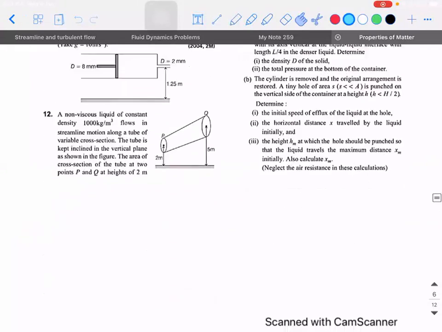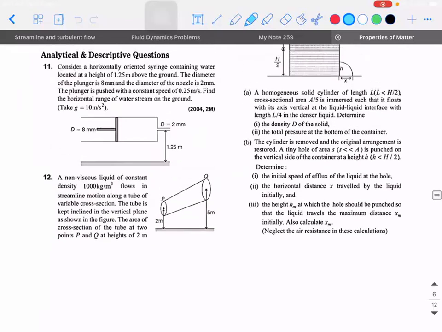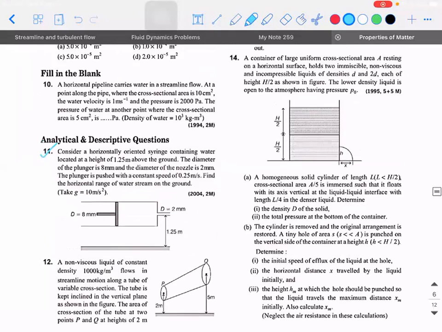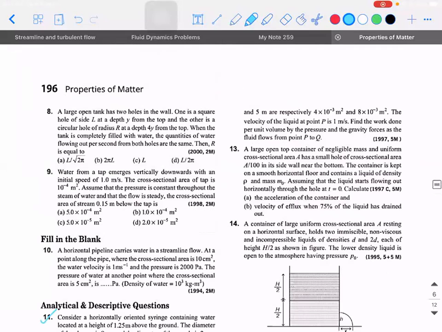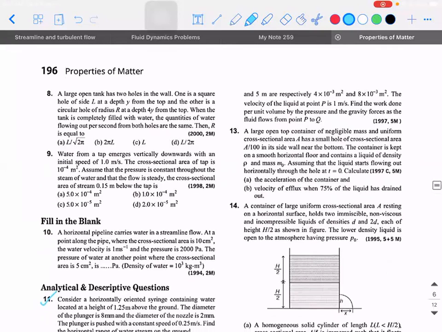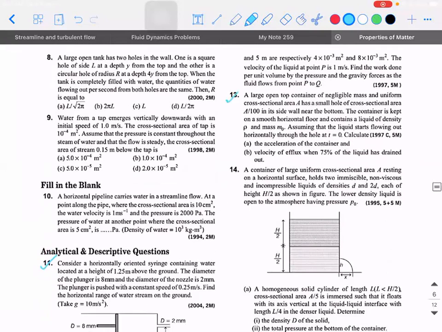So there's the one we did now, the 11th one. Non-viscous. Let's do one thing. Let's try out the 13th problem. Okay.